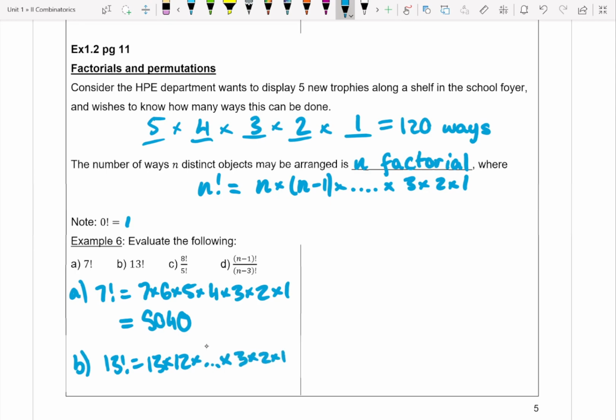You can fill in the gaps there. You know it's going to be 12, 11, 10, 9, 8, 7, 6, 5, 4, and then 3, 2, 1. That equates to 6,227,020,800.